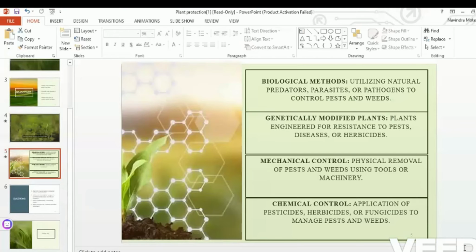Yes, excellent. So now we'll move on to mechanical control. Physical removal of pests and weeds using tools or machinery. So for example, hand picking, using nets or fences, plowing fields to remove weeds, and employing traps for rodents or insects.